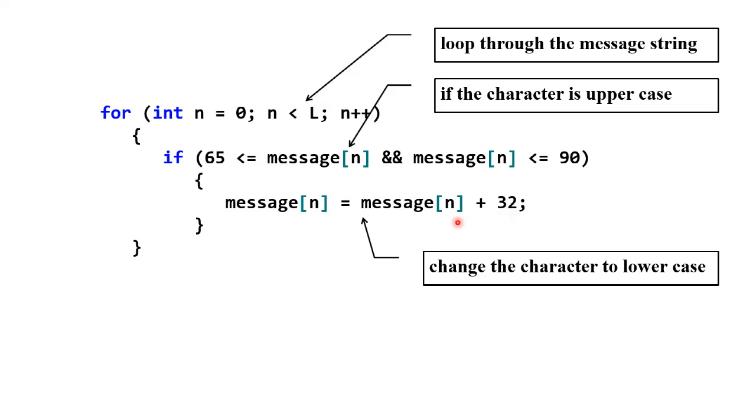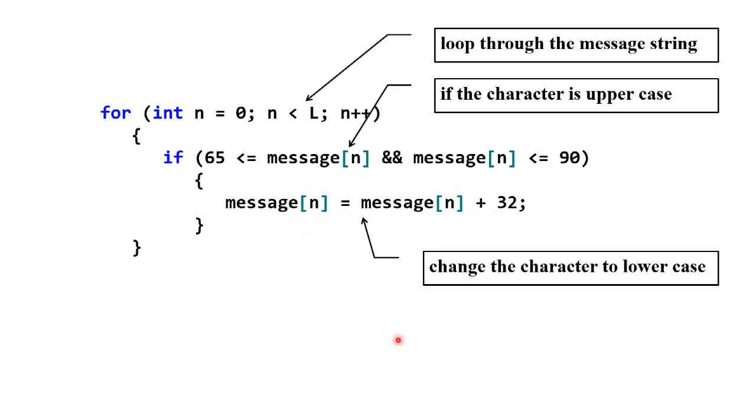What C++ does when you take a character and add an integer is add that integer to the ASCII code value for that character. So if it's an uppercase A, which I believe is 65 in code number, then it will add 32 to 65, which will give you 97, which is the code value for a lowercase a. So this will evaluate to a lowercase a and assign that to that character's location in the message.